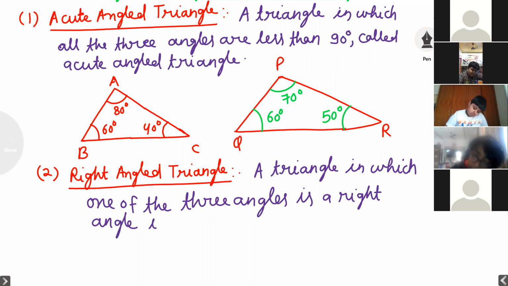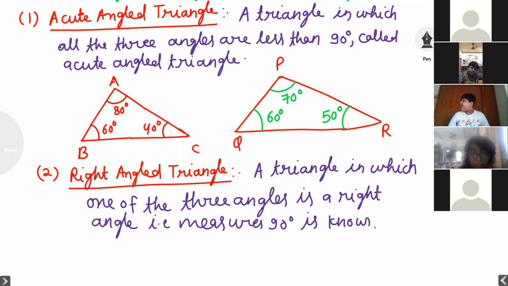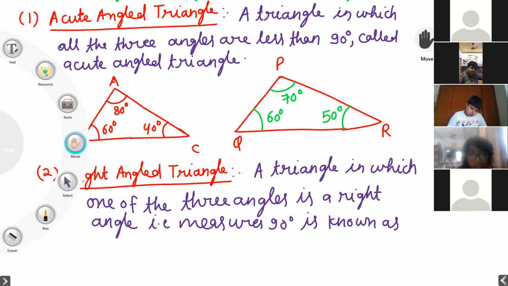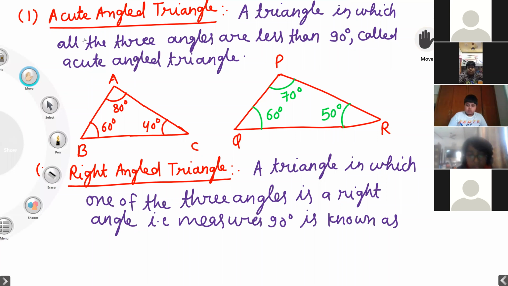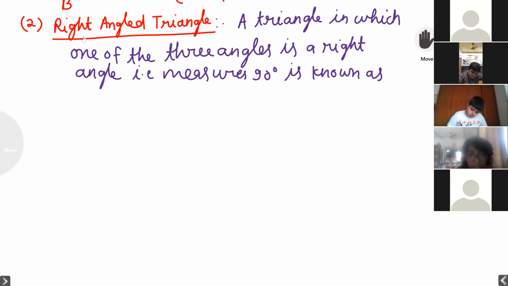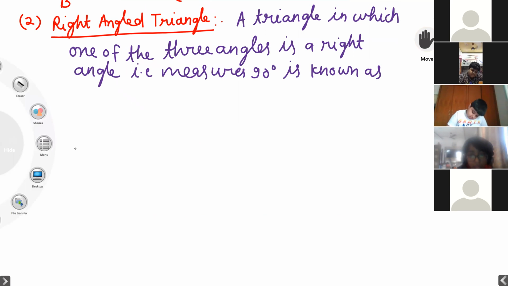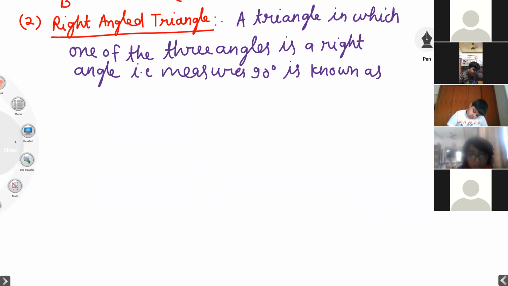A triangle in which one angle measures 90° is known as right angled triangle.